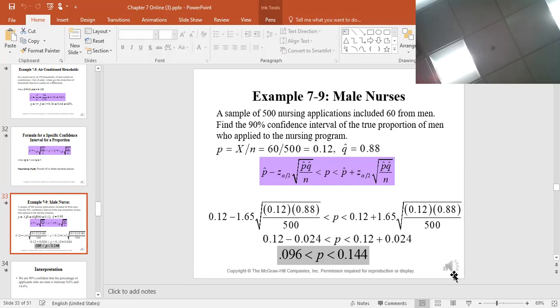What is 60 over 500? 0.12. And what should be Q hat? 0.88. So the standard error of estimates for P hat, which is square root of P hat, Q hat over N, is square root of 0.12 times 0.88 divided by 500.